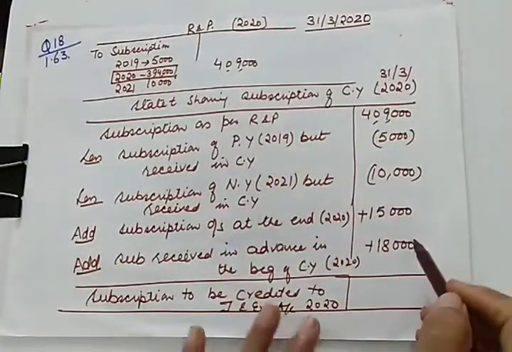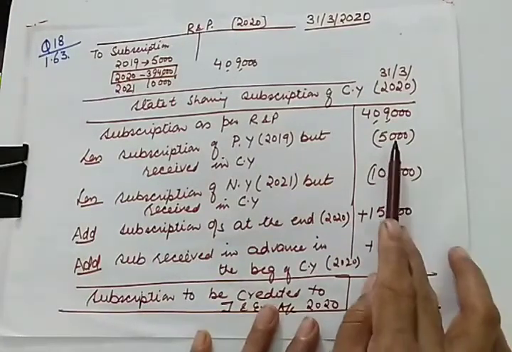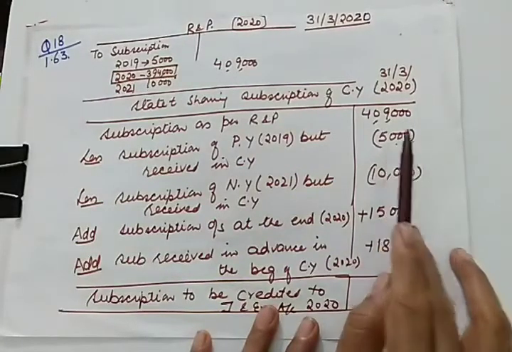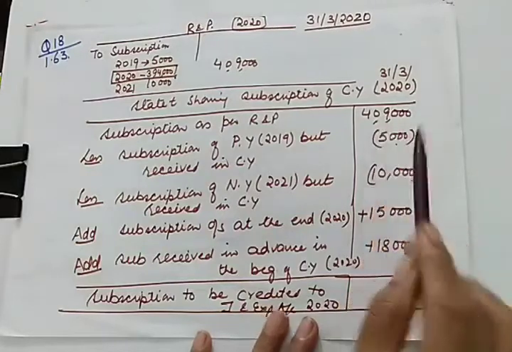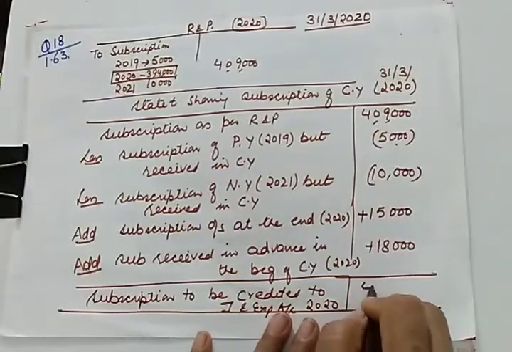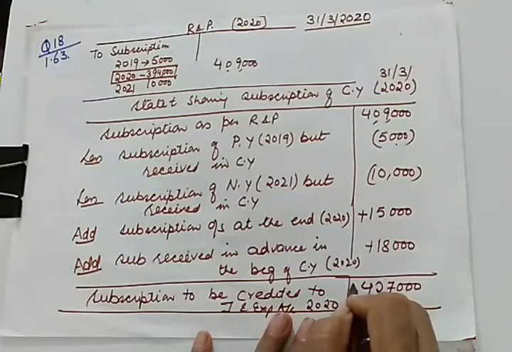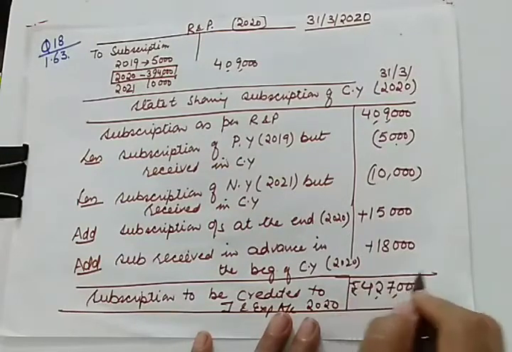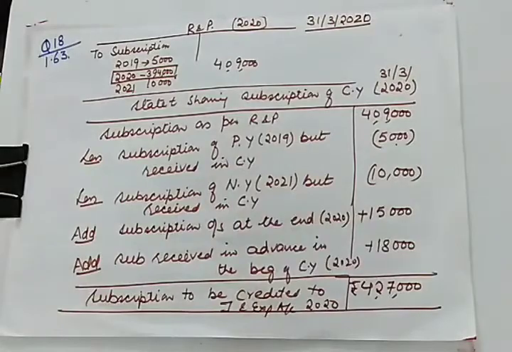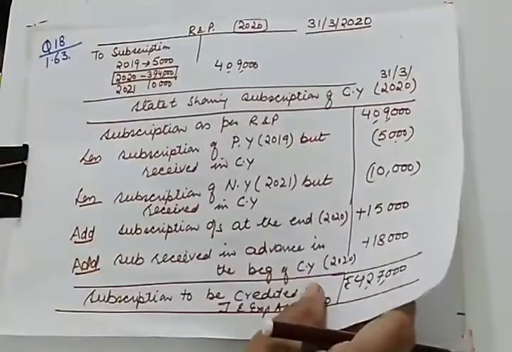So here we'll be adding 33,000 and deducting 15,000. So net which we'll be adding is 18,000 in this. So the answer is 4,27,000. You can write rupees in the beginning. So this is how we'll be doing the treatment of subscription.